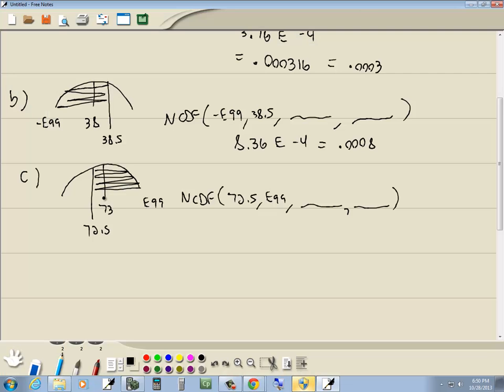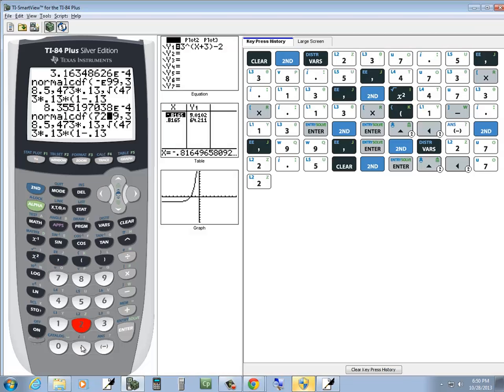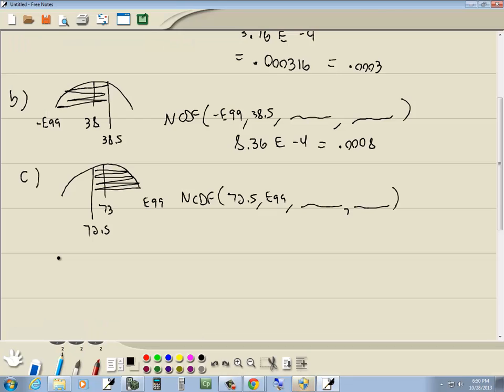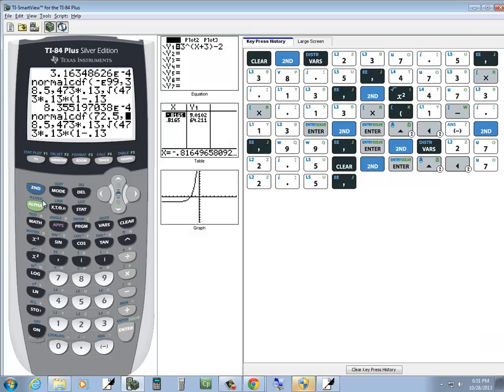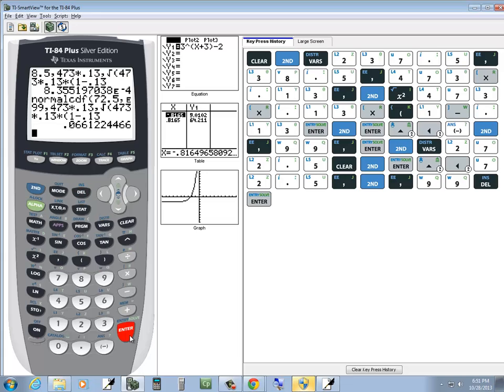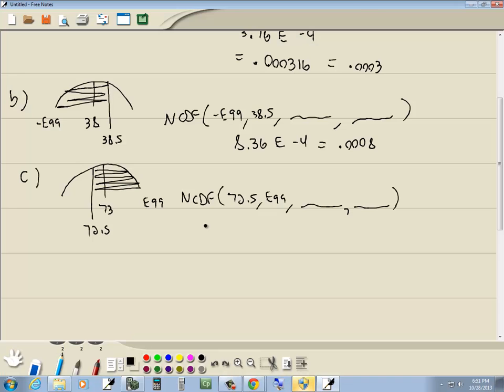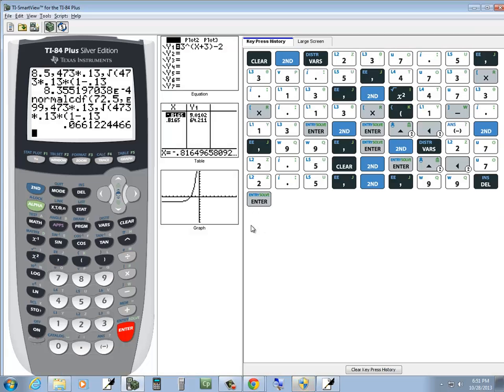So I'm going from 72.5, comma, E99. So second, comma, 99. Now press delete to get rid of that 5. And then press enter. So we got 0.0661.